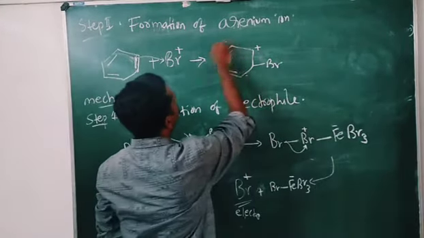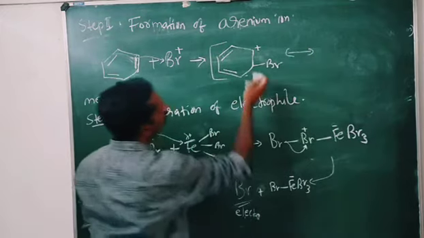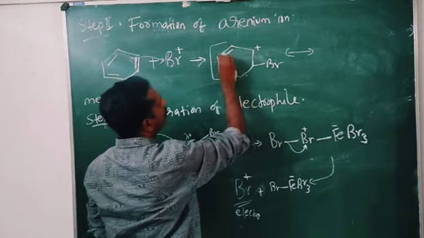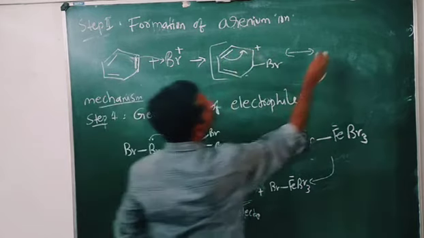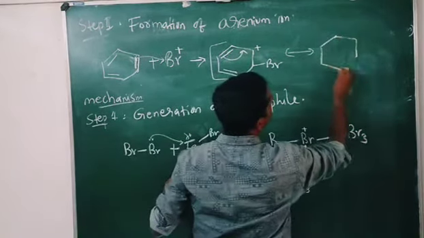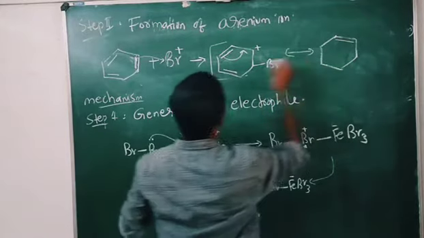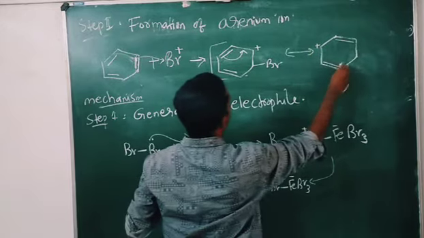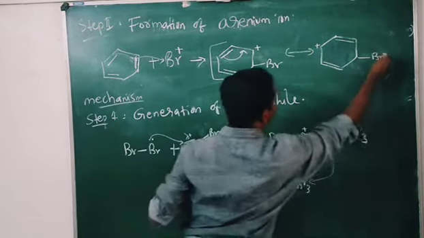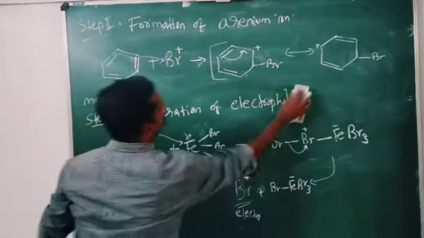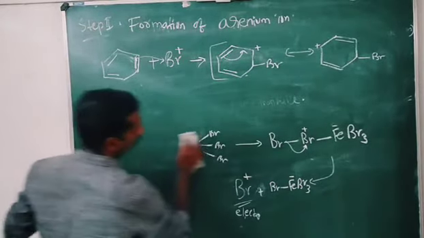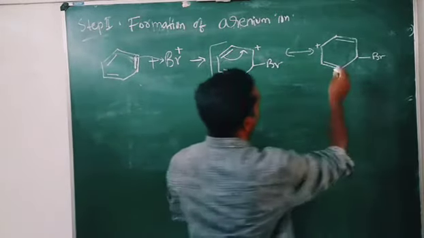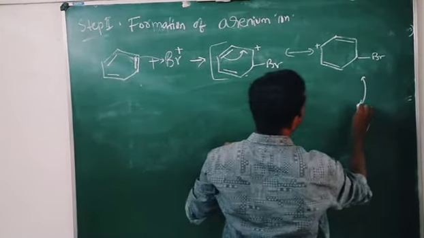Now how is it stabilizing? Here the positive charge is on this carbon, then this pi bond breaks from this carbon and it will be shifted to here. So you get a resonance structure like this. Here is a double bond. Since the bond is breaking from this carbon, here is a positive charge. Br is here. Now what is the next structure?